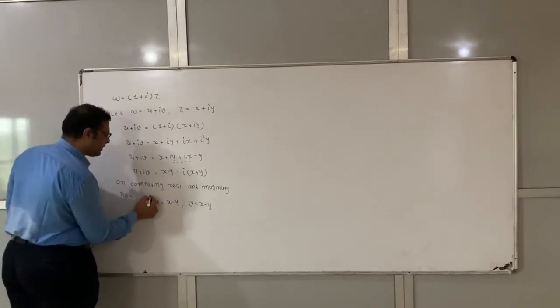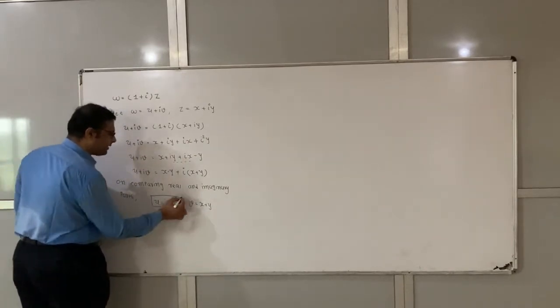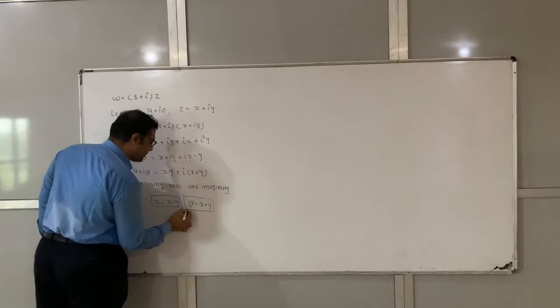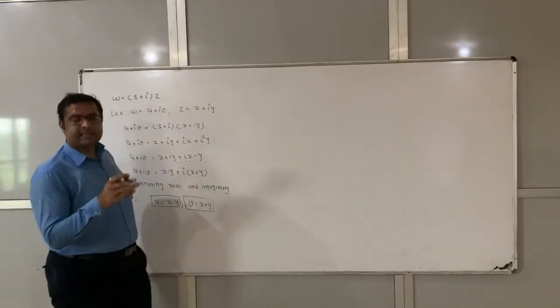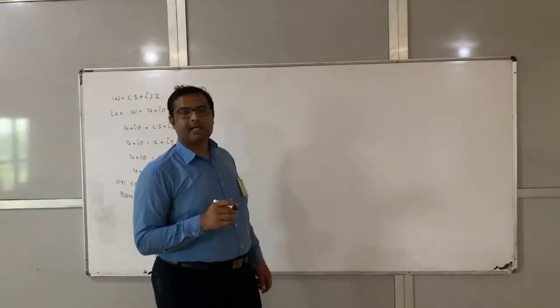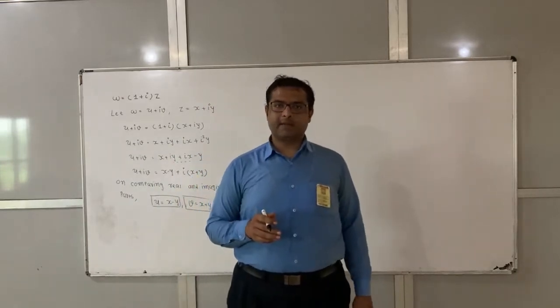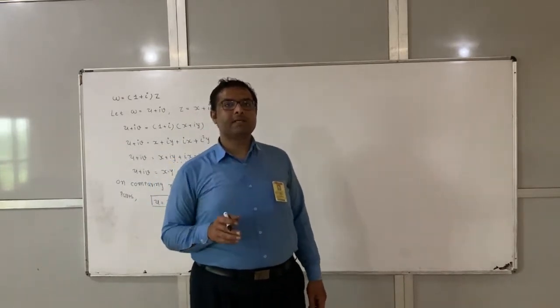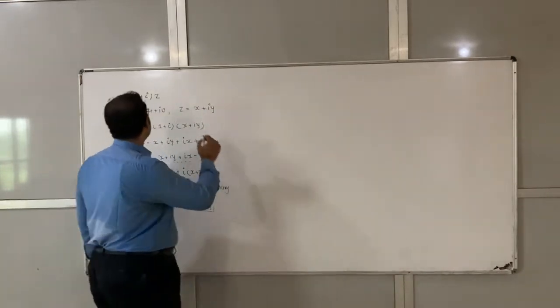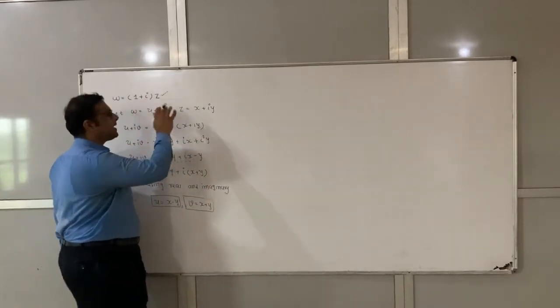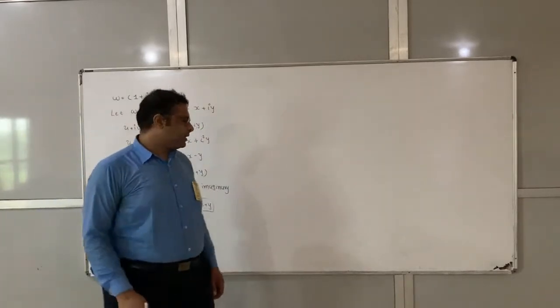So we have obtained u and v. Now in this example, the four vertices of the square are given and you have to find the image of this square under this mapping, w is equal to 1 plus i into z.